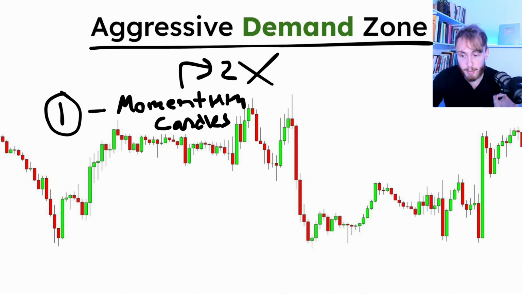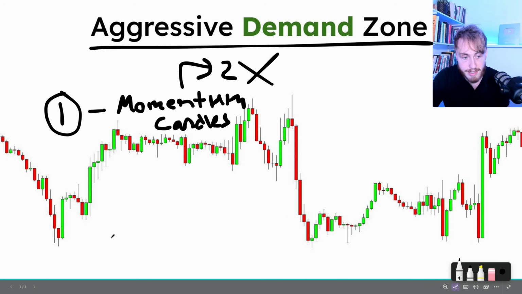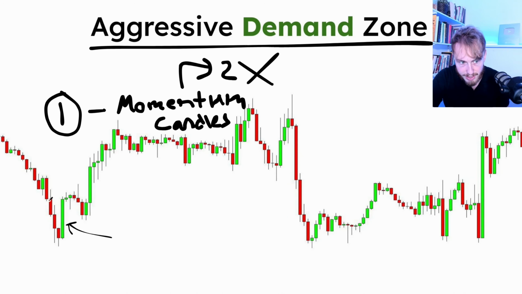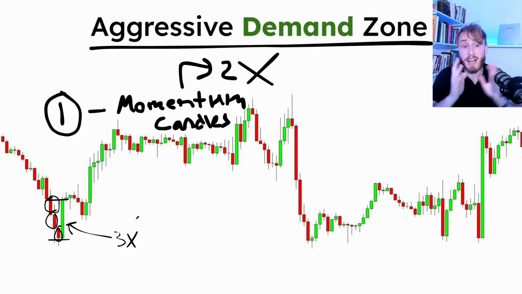So for example, if you look at this green candle right here, if we measure this candle, you can see that it is roughly 3 times the size of these previous red candles, or at least more than twice the size of the previous 3 candles. So this right here is what I'm considering a momentum candle, and that is the first thing I'm personally looking out for when it comes to aggressive demand zones.